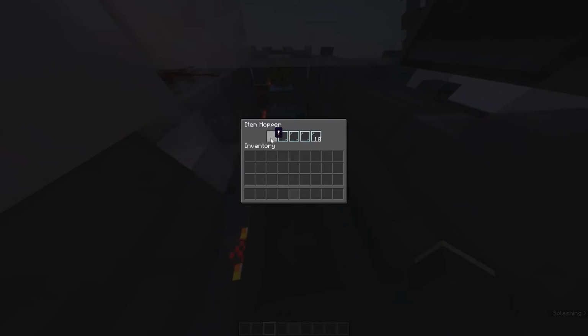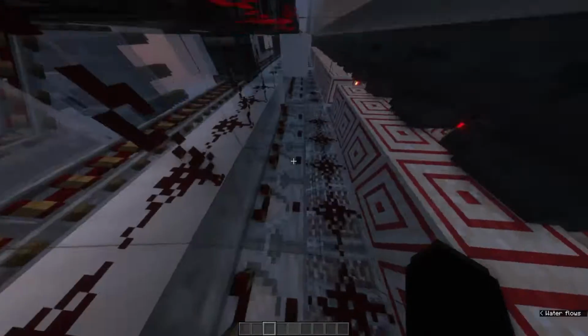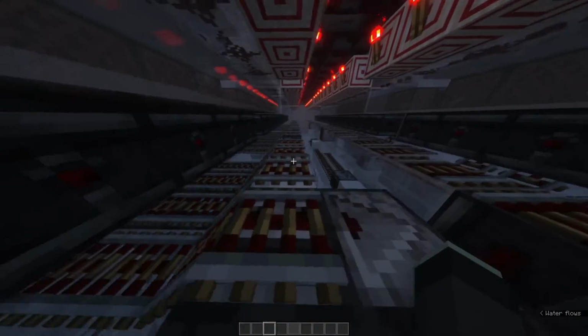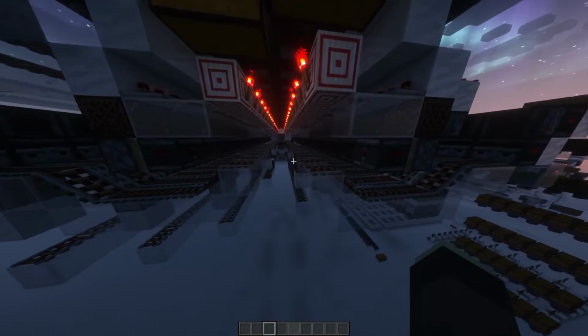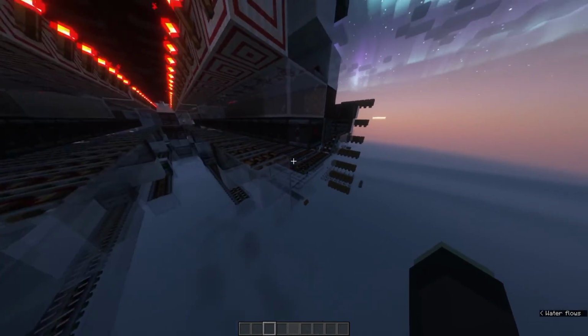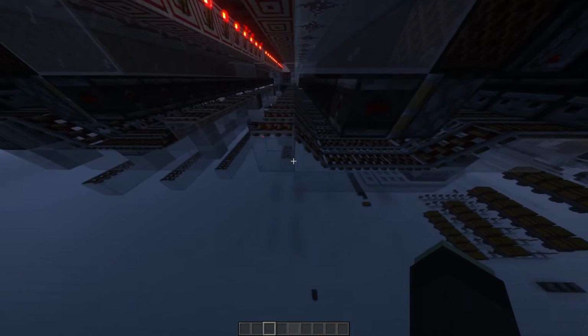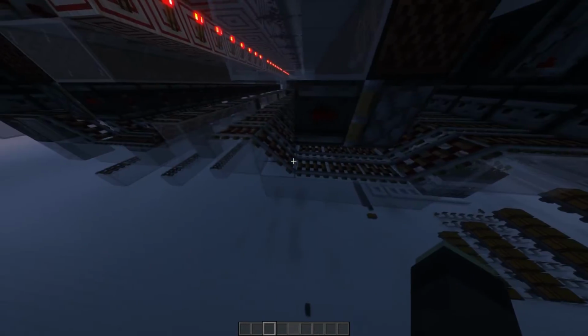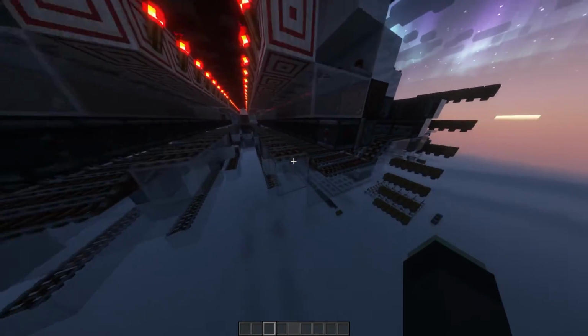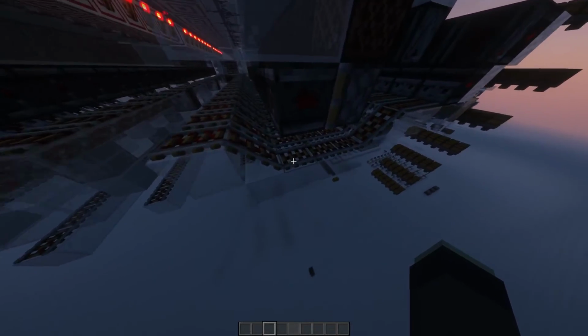Well, it just pulls in only the item that it can pick up, and it sends a signal to the next part of the machine, which is the ROM. So next let's talk about the ROM. The ROM stands for read-only memory, and the reason I named it this is because it's just a memory that's assigned to every single letter, and it tells the machine what is associated with that letter.